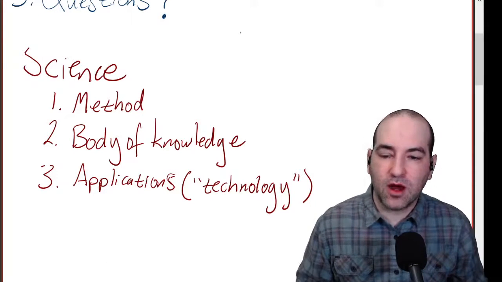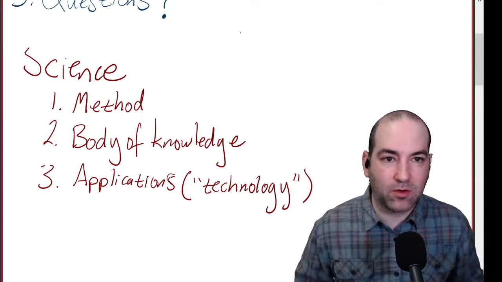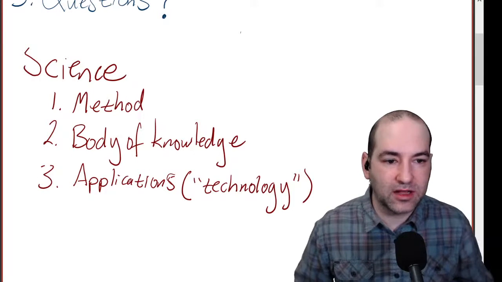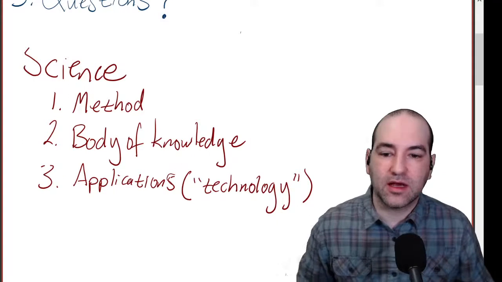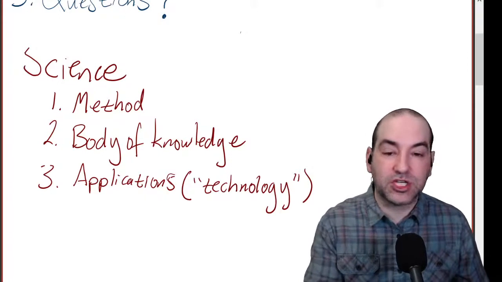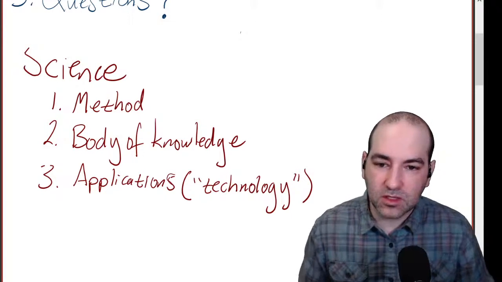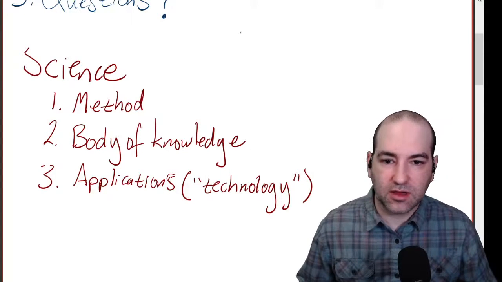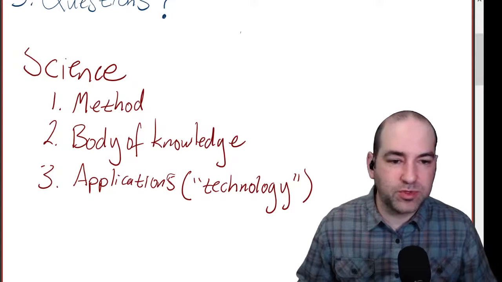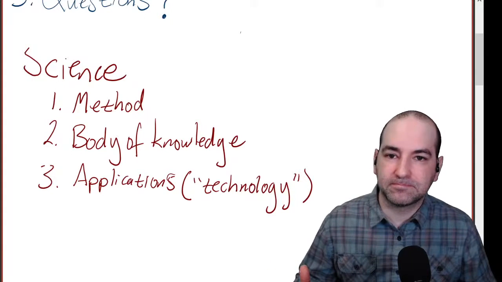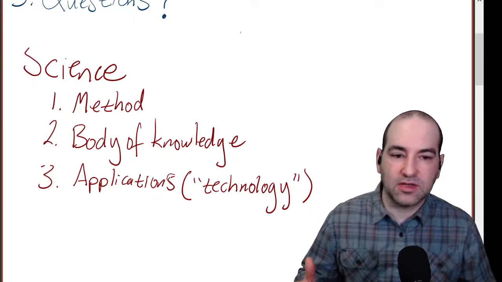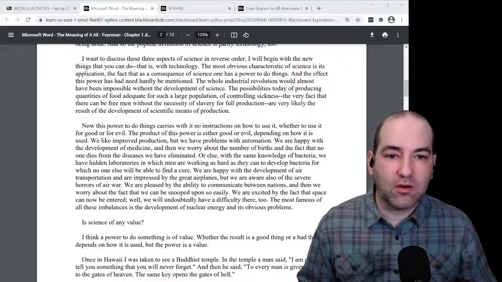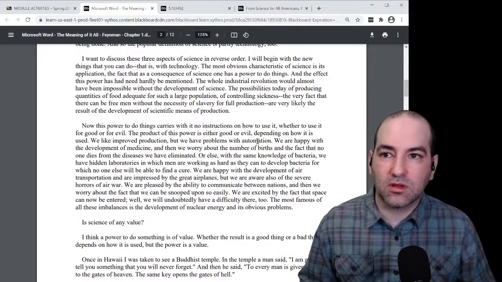All right. So in the article, Feynman goes backwards through these. He talks about technology first and what that is, and some of the challenges with technology. So let's take a look at that. We're actually going to spend more time on the other one. So let's just look at what he talks about. Now, for him, science is purely objective. And I would say, writing this in the 60s or 70s, that was a reasonable position.